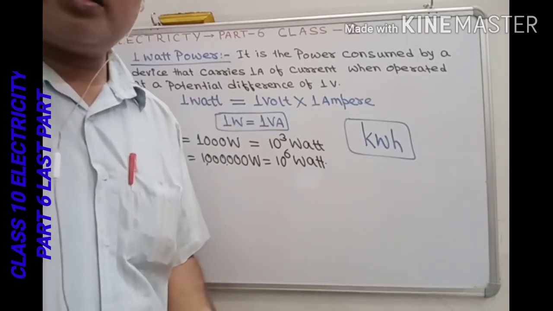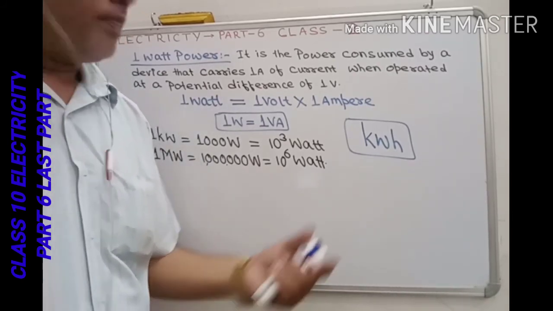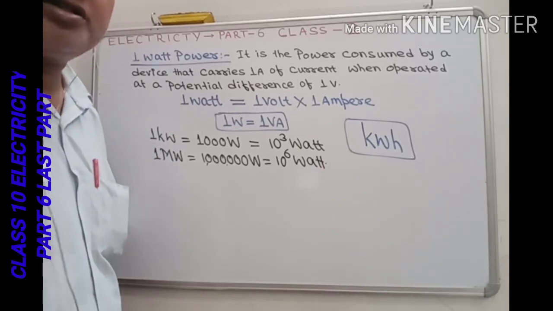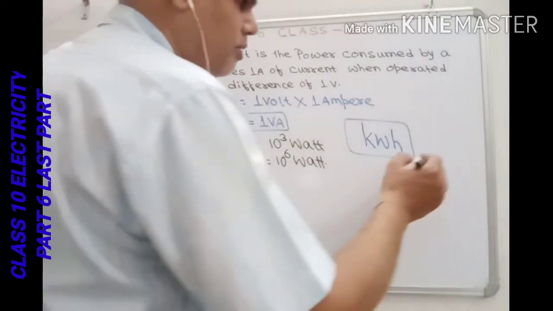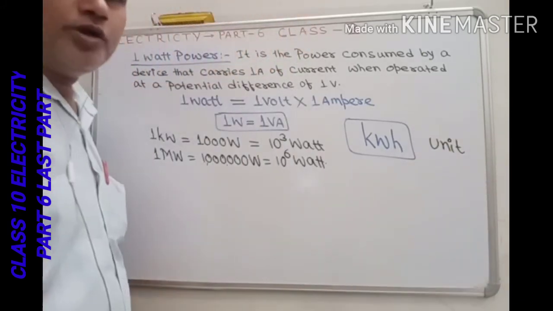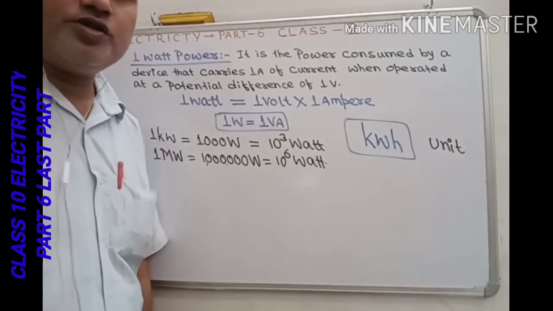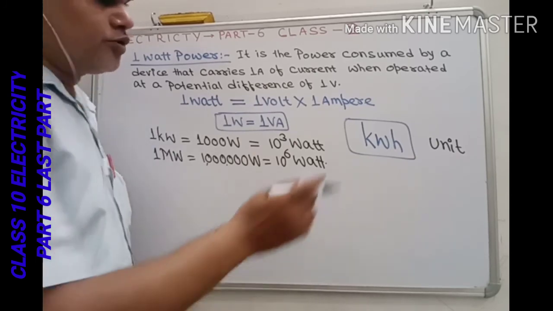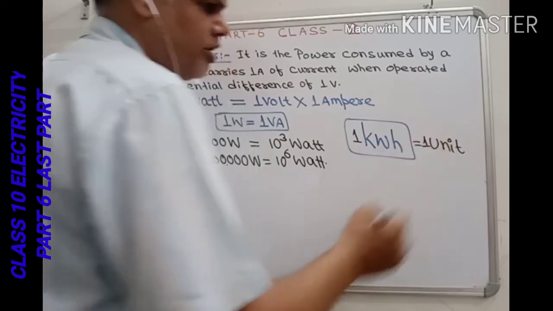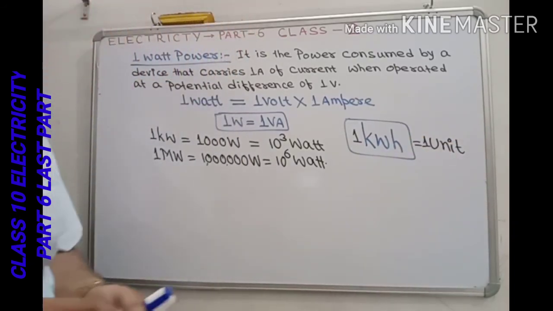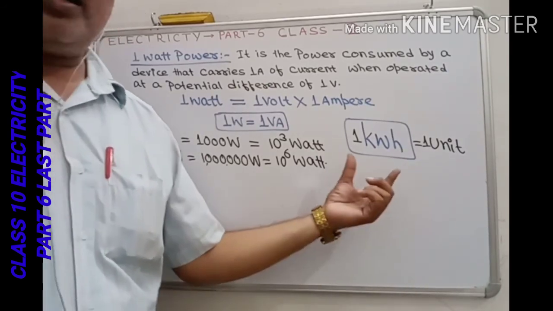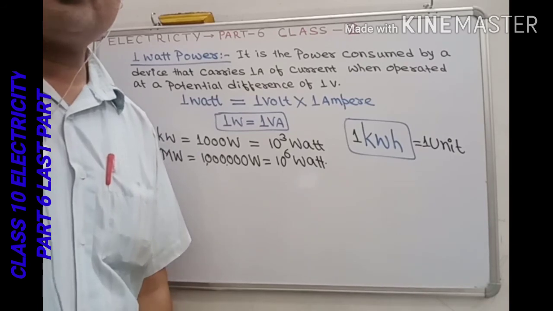In our electrical meter, we can see how many units of electrical energy are consumed. We generally say that this many units of electrical energy were consumed by us this month. So 1 kilowatt hour is equal to 1 unit. This is the unit given by the Board of Trade Union, and it is the commercial unit of power.